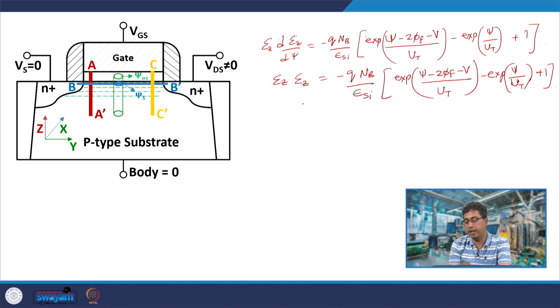So, if we integrate, what is the electric field deep inside the bulk here? It is 0. And what is the electric field here? It is the interface electric field, whatever its value. Let us call this the interface electric field.